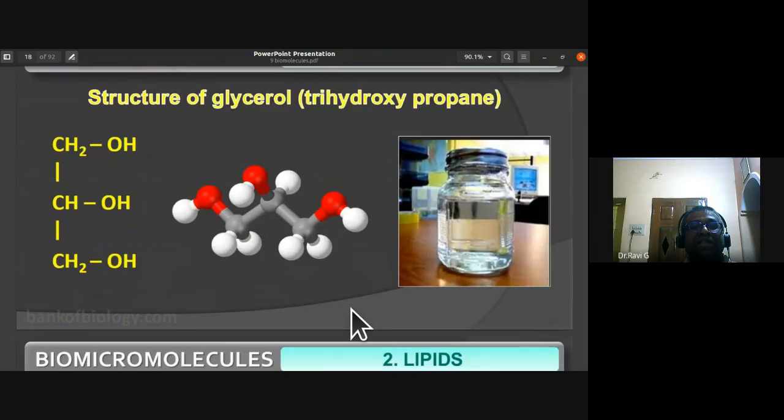Then the structure of glycerol. It is a simple structure: CH2OH, CHOH, CH2OH. That is the structure of glycerol. You can also call it trihydroxy propane, C3.